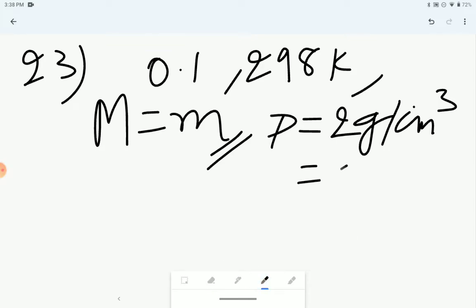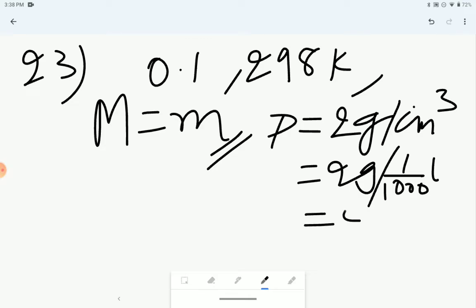So 2 gram per 1 centimeter cube, which is 1 by 1000 liter, comes out to be 2000 gram per liter. This is the density of that given solution.